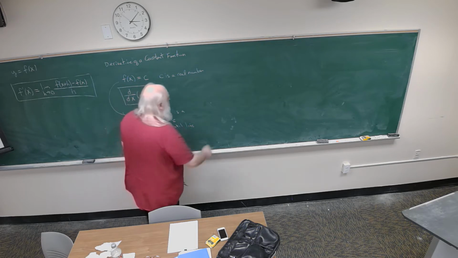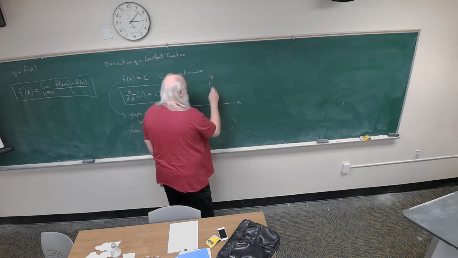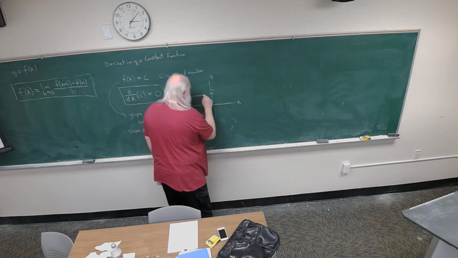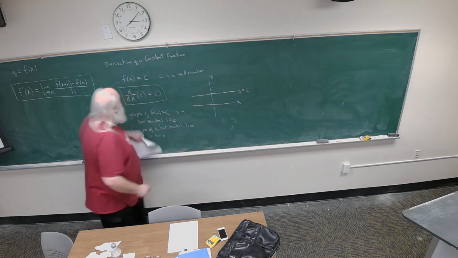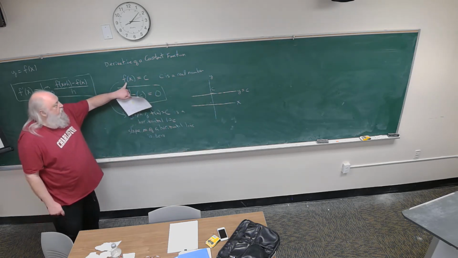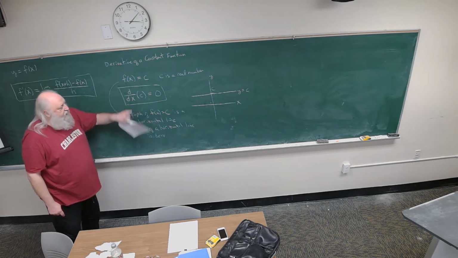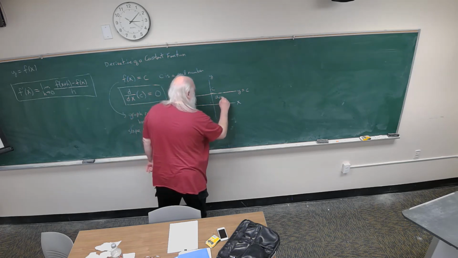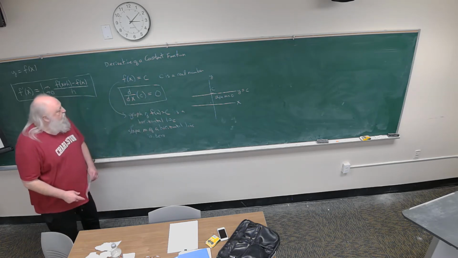Here in my coordinate plane, I'm going to draw it so that c is a positive real number. Here is the line y equals c. The graph of f of x equals c is the horizontal line y equals c, and the slope m is equal to 0.